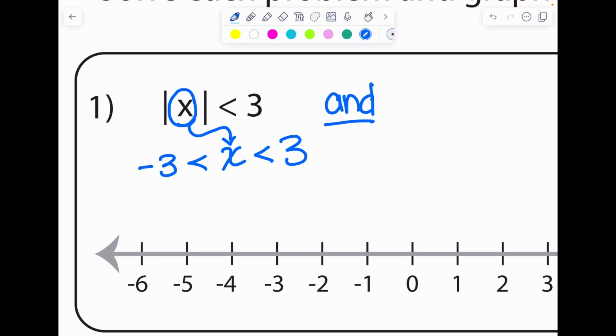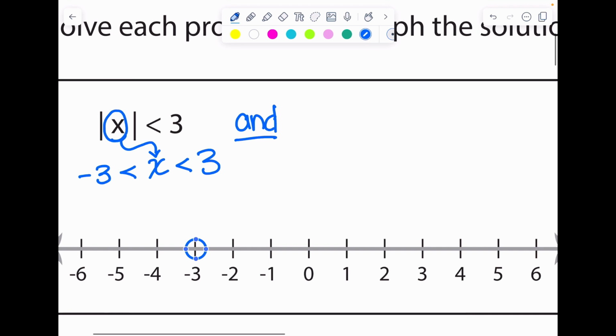This one does not need any more solving, so it's pretty much done. Both of those less thans are going to be open circles, so I'm going to put an open circle on -3, an open circle on +3, and fill in the gap between the two. And you're done.